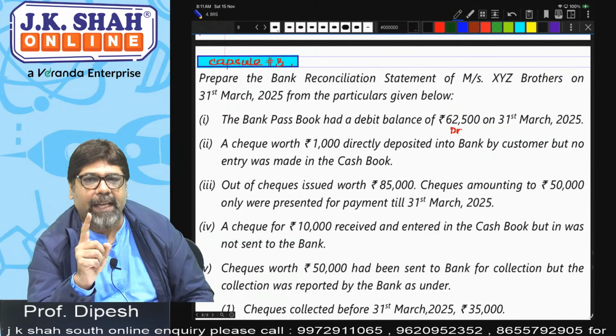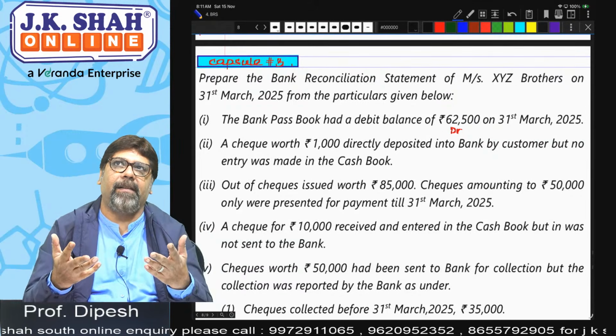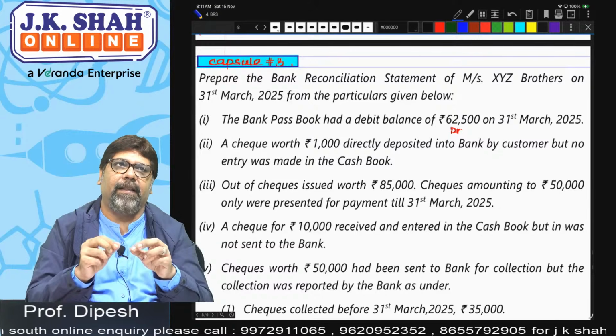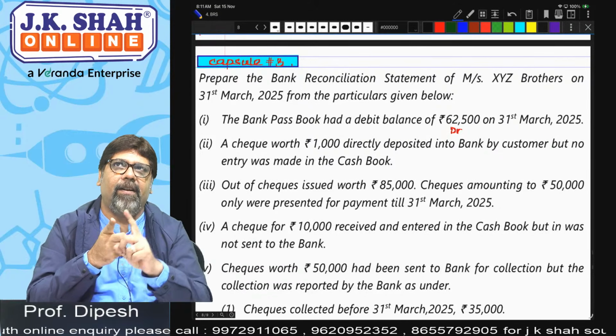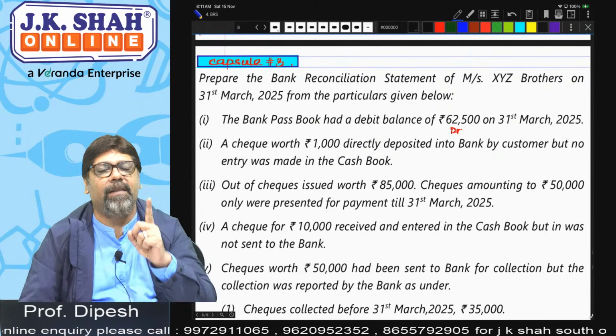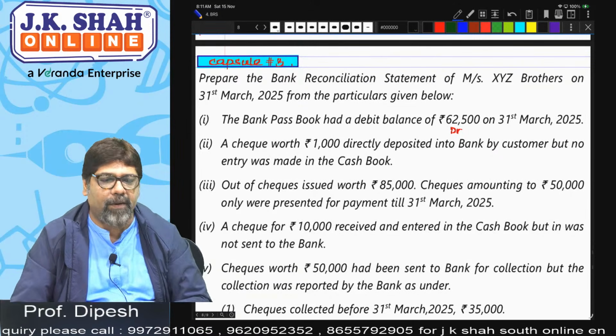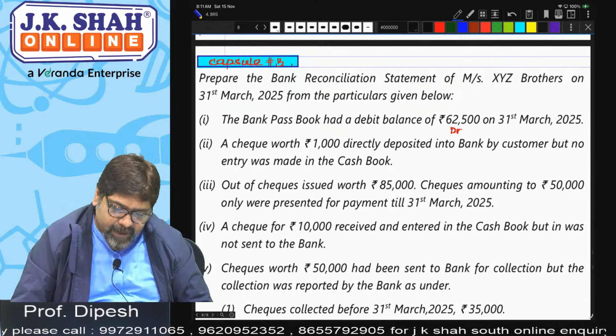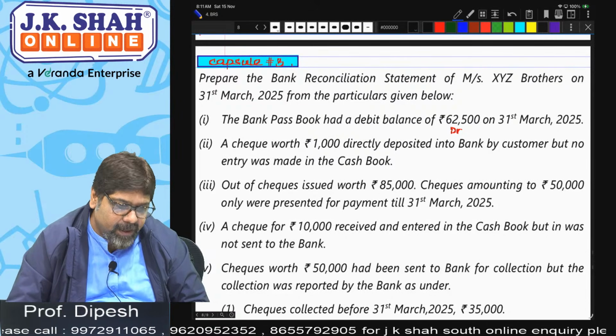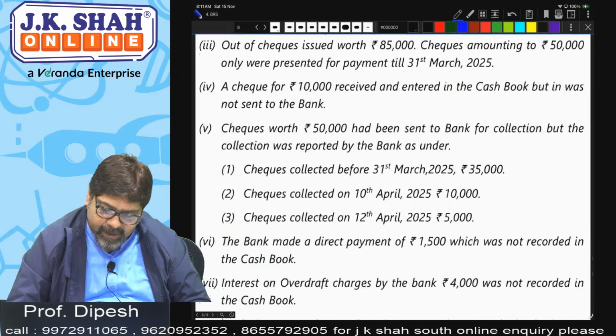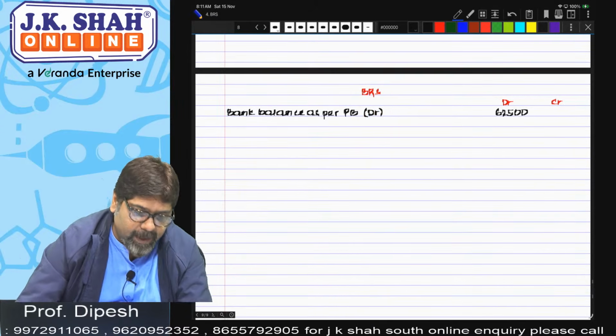Cash book. Cash book means is this receipts or payment? Money deposited is a receipt. So in the cash book receipts are not recorded. In the cash book, receipts will be recorded on which side? Sir, on the debit side. Correct? So let's record this on the debit side.